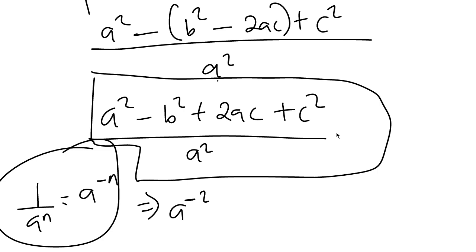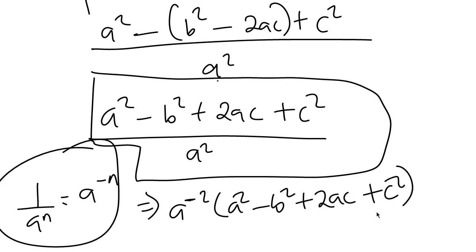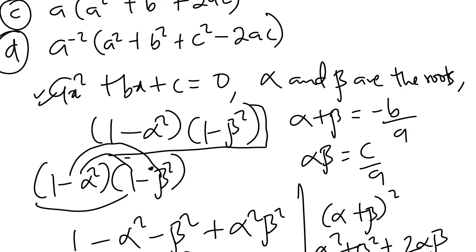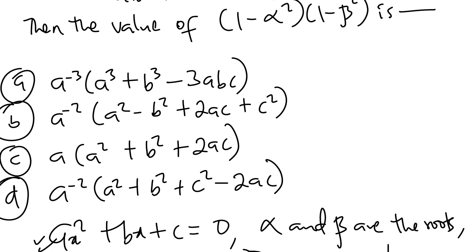So on bringing the a squared up, it becomes a to the power minus 2 into (a squared minus b squared plus 2ac plus c squared). And looking at the options we have, we can see that the correct answer to this question is option B: a to the power negative 2 into (a squared minus b squared plus 2ac plus c squared). So this is the answer.